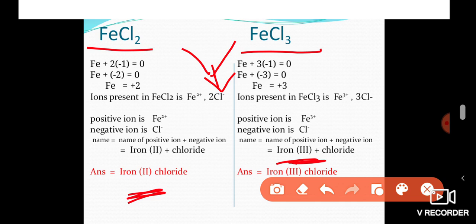So we should mention the valency of iron. Okay. In iron sulfate, we do not mention its valency and charge. Okay. Thank you.